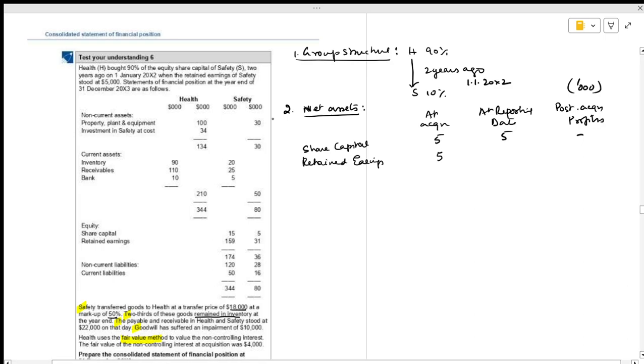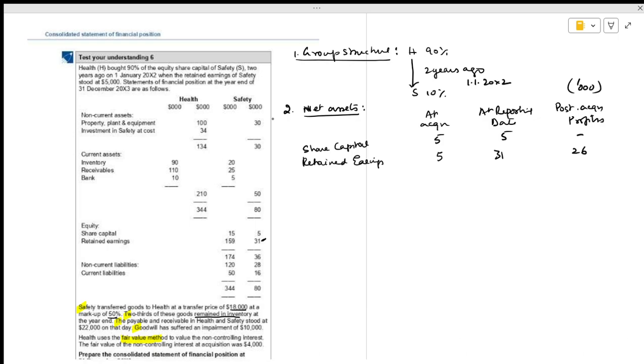At the reporting date, retained earnings are 31. The difference is 26.